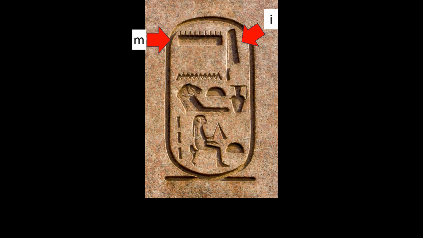This hieroglyph spells the sound M. Then we have the hieroglyph which represents water, and it spells the sound N. Taken together, these 3 hieroglyphs spell Imn, which is the name of a god, whom we in English call Amun.